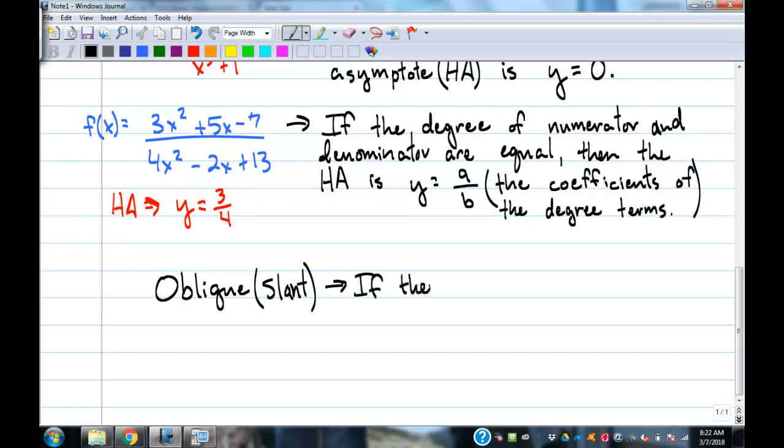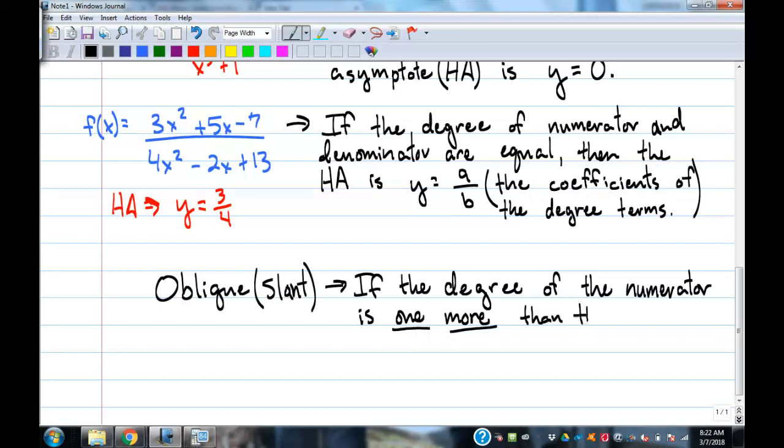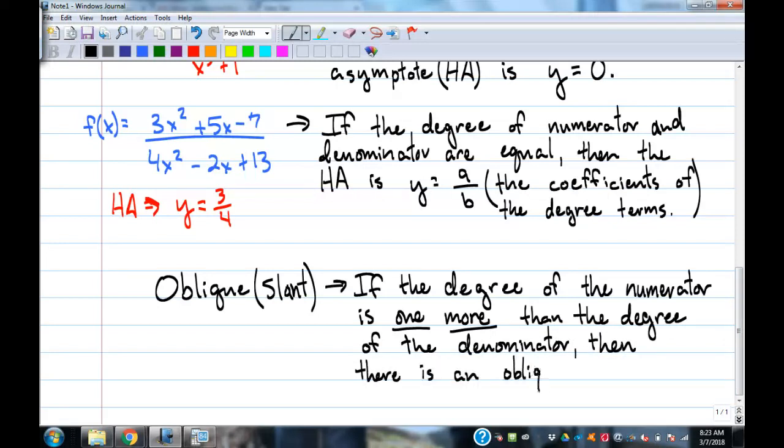When do they happen? Here's the rule for oblique asymptotes. If the degree of the numerator is one more than the degree of the denominator, then there is an oblique asymptote defined by long division.